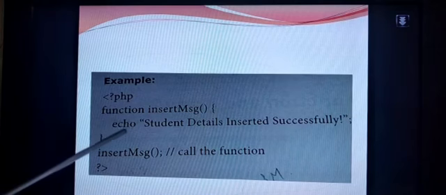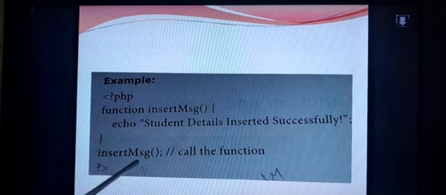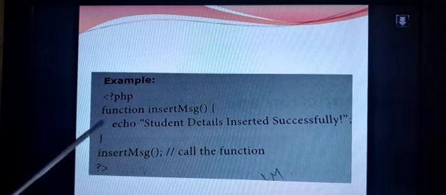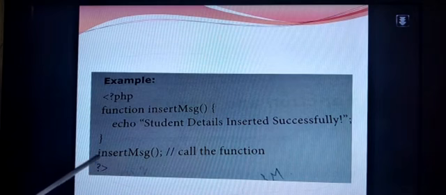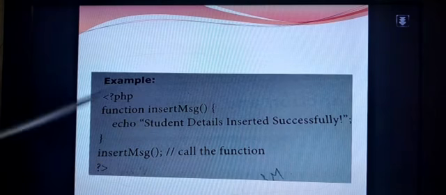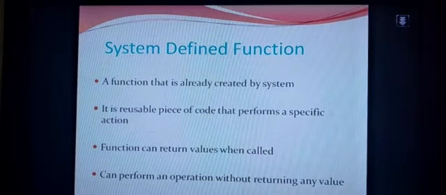Function name is given as insertmsg, open bracket and close bracket. An echo message displays the given message on the screen. Now let us see how to call the function. In the next line, you can see insertmsg, open bracket, close bracket.